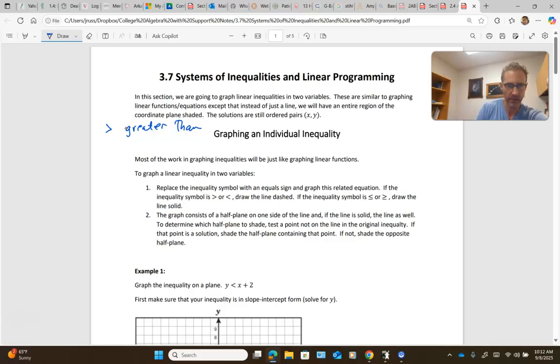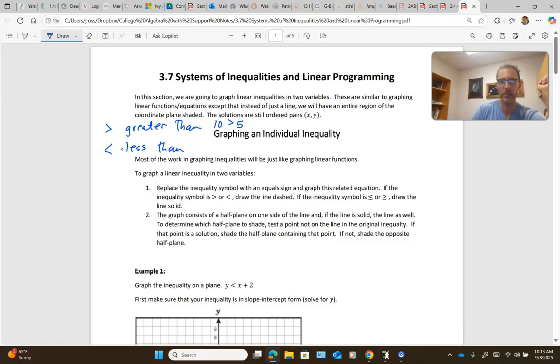And then similarly, this symbol right here means less than. Whatever I have on the left-hand side needs to be strictly less than what's on the right-hand side. I'll give you an example of each of these. So 10 is greater than 5.